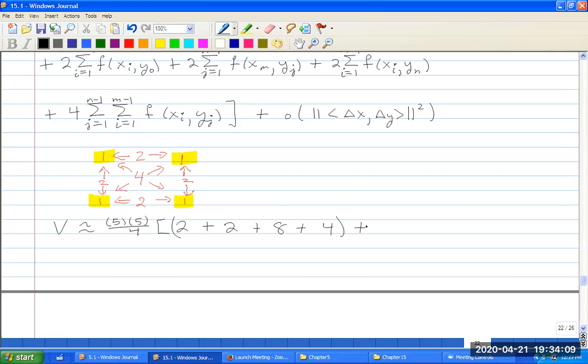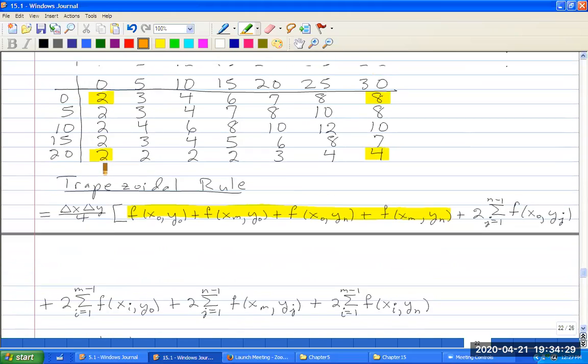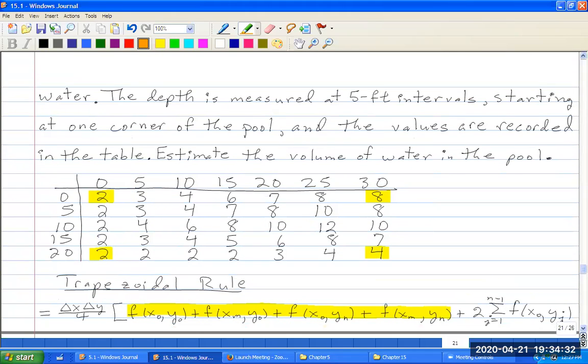Okay, next, maybe I'll do it in orange. I'll do these guys here, and these will have a value of 2.